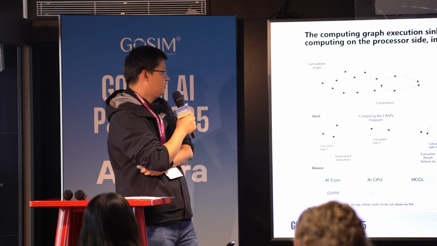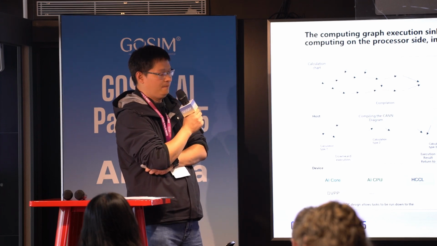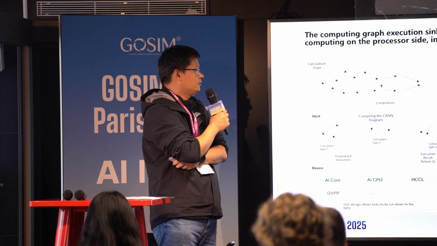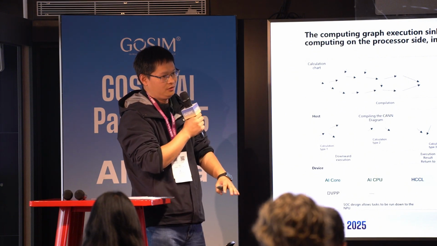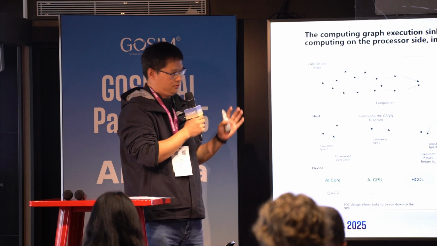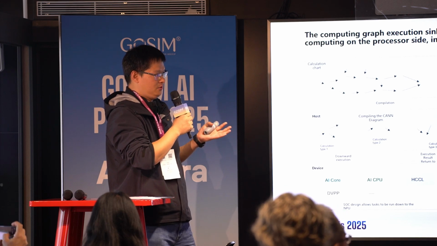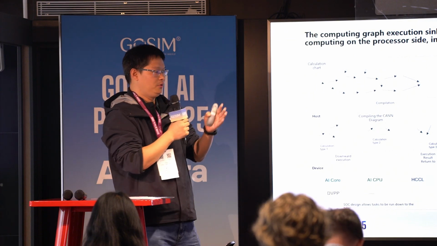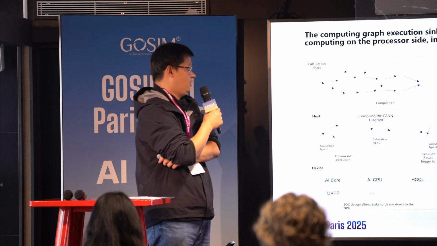In this case, it costs a lot in scheduling and so on, so it wastes much time. With the graph engine, we can send the whole graph into the NPU directly. In this case, users don't need to care about the data transfer between CPU and NPU, and all the computing scheduling from one operator to another operator. So it can speed up inference or training.